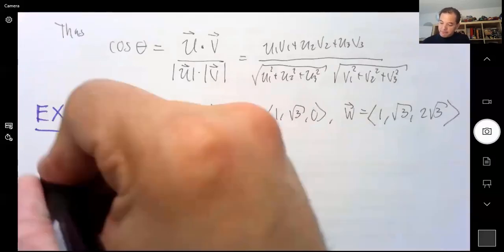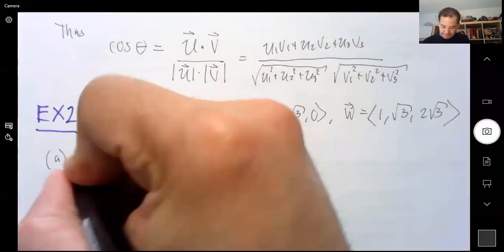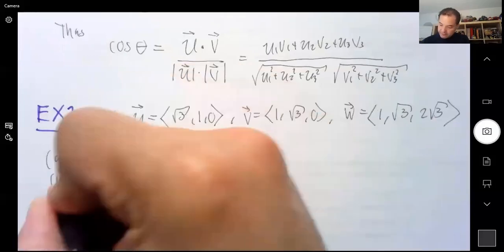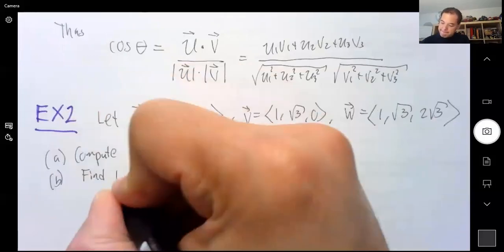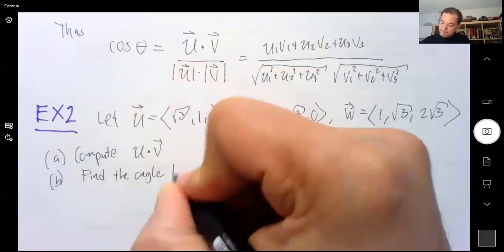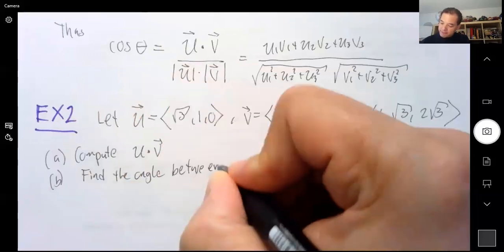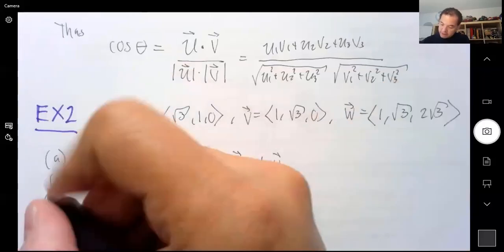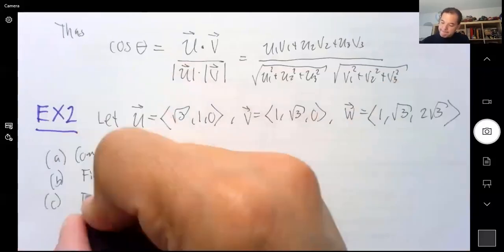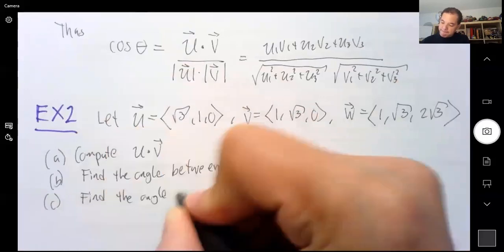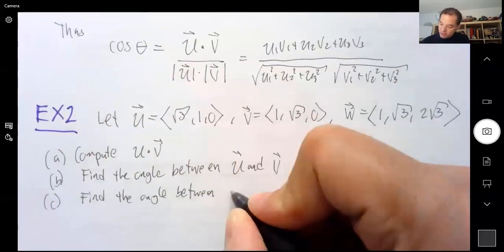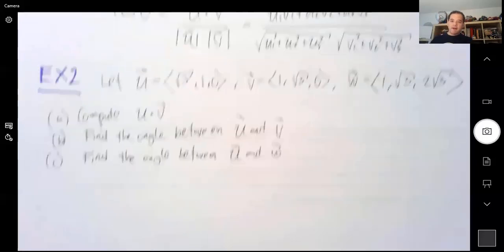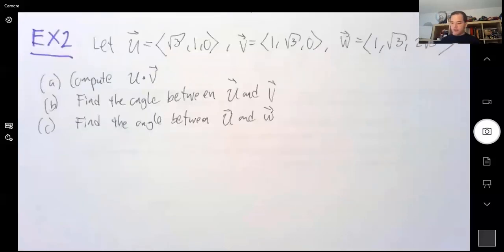Part A, compute u dot v. Part B, find the angle between u and v. And part C, find the angle between u and w. All right, let's do it.